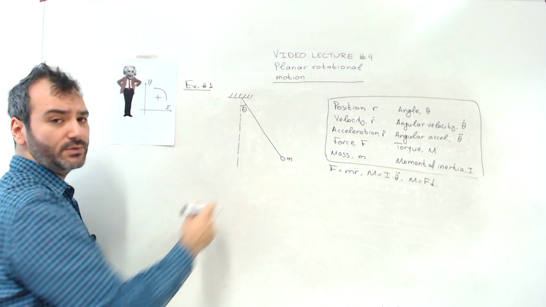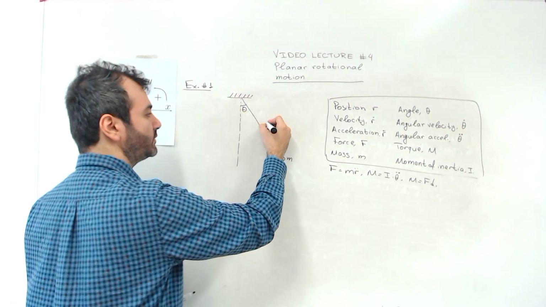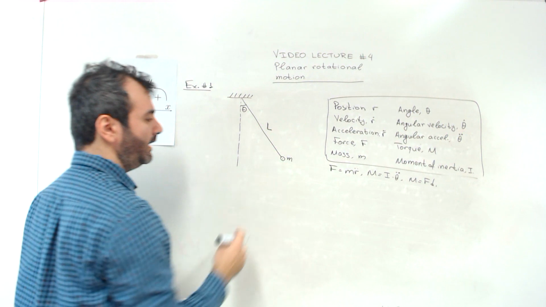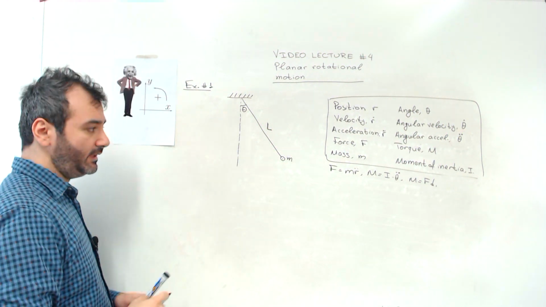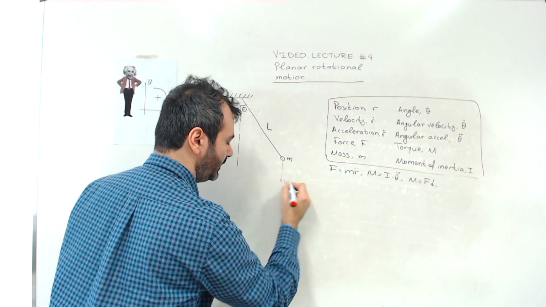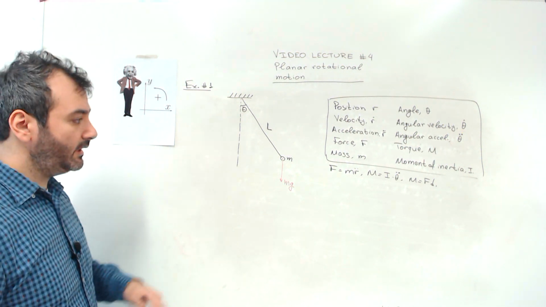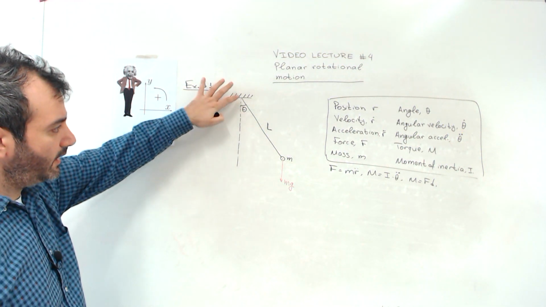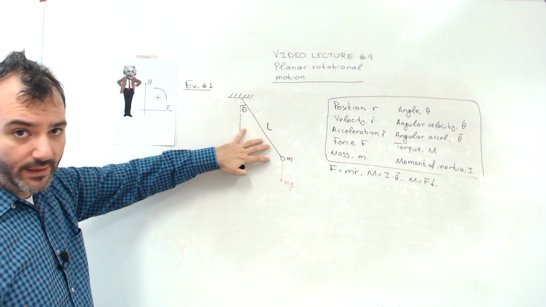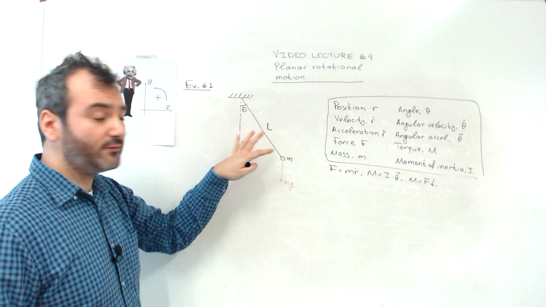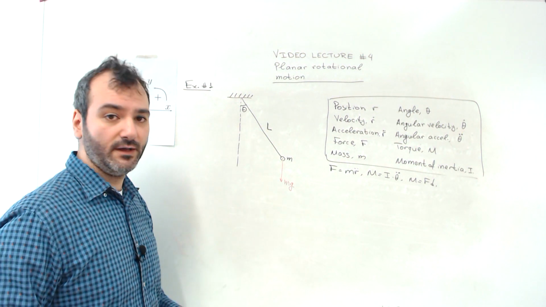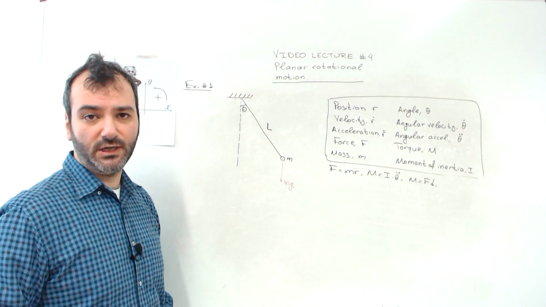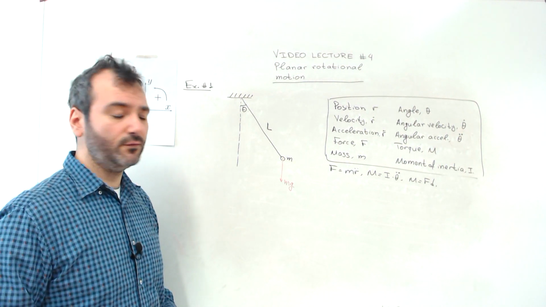You have a small object here attached to a string of length L, and the only force applied to it is its weight. What we are trying to do here is to describe the equation of motion, the equation that governs the motion of this object. We're looking for a differential equation, as we have been doing so far.